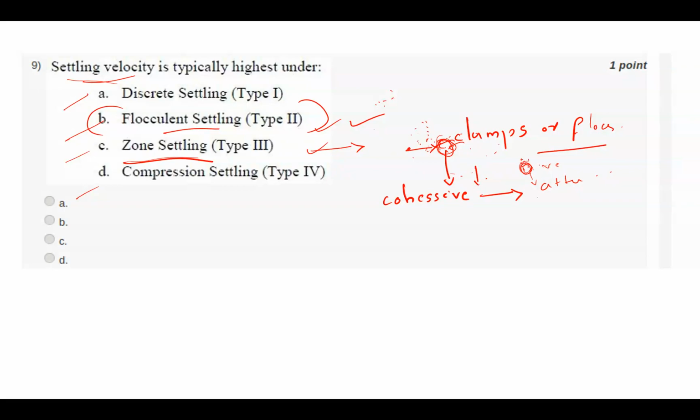In compression settling, that I have to see, but the answer is this one. But can you repeat that? Okay, so at the bottom it gets compressed, how does it affect the settling velocity?